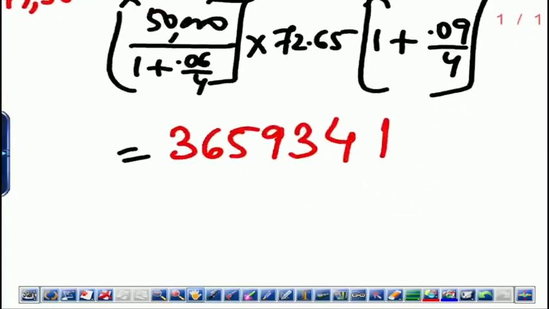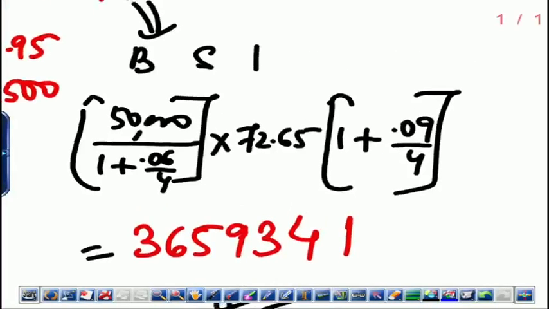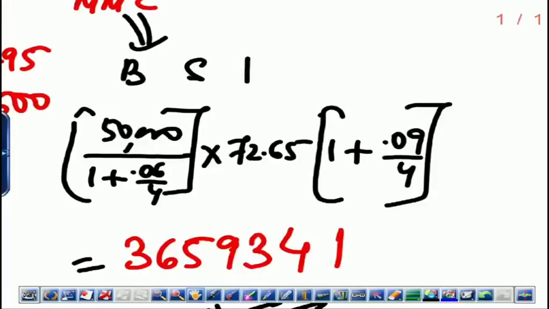So by that logic, money market cover is recommended. Let's check the answer. It will not exactly match because I have done the solution through a shortcut. If we do it stepwise, first borrow the present value, there will be a rounding off. With that figure, you multiply by 72.65, sell, another rounding off, and then you invest. So this figure would have been different had I been doing it in the exam.